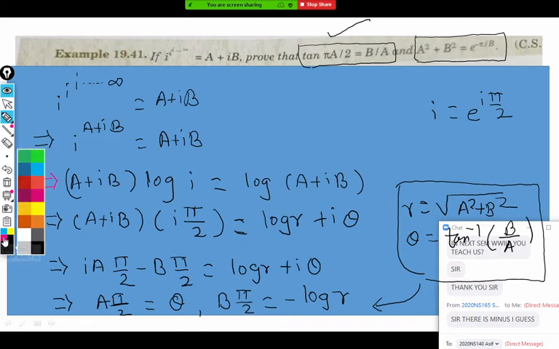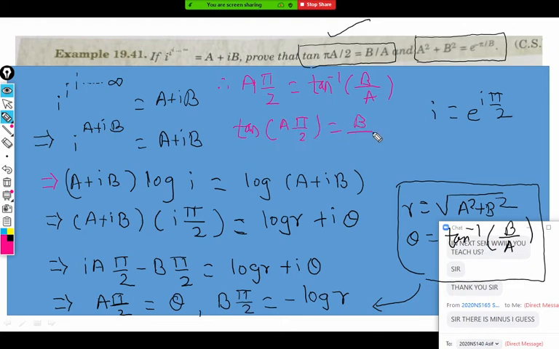Therefore a pi by 2, with theta replaced by tan inverse of b upon a, and if we take tan on the other side, we get b upon a is equal to tan of a pi by 2. That is the end of the first part.